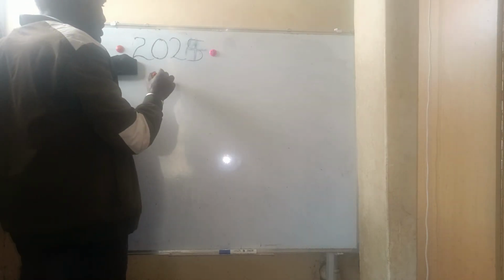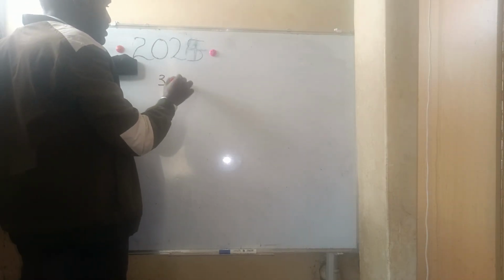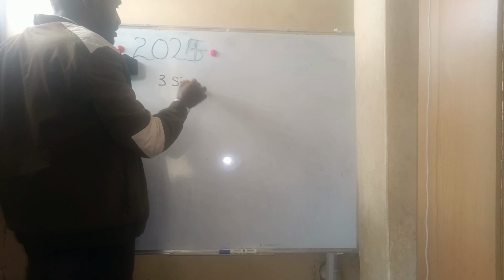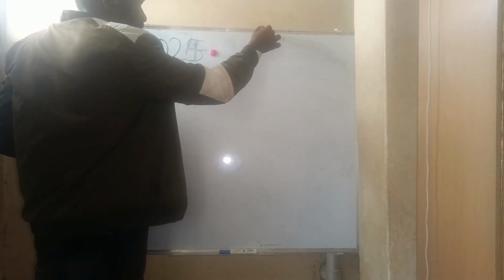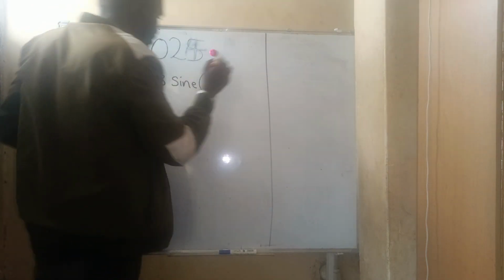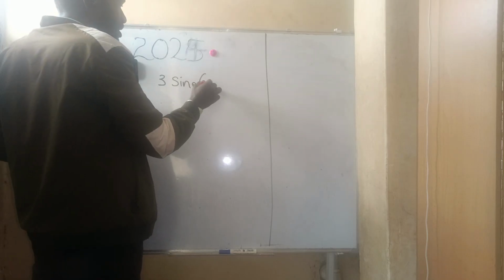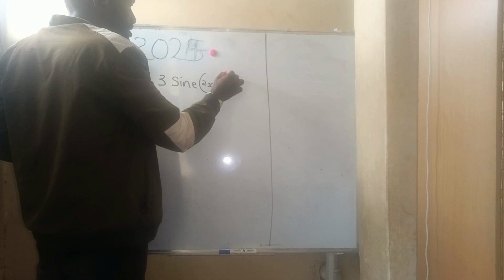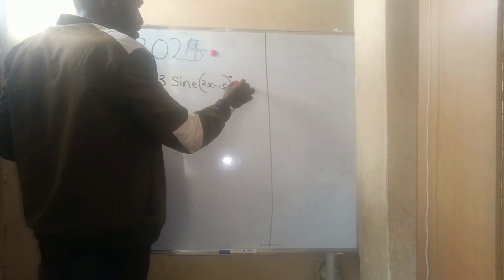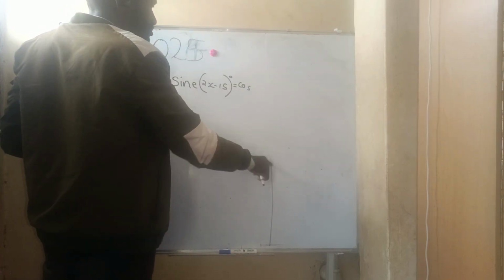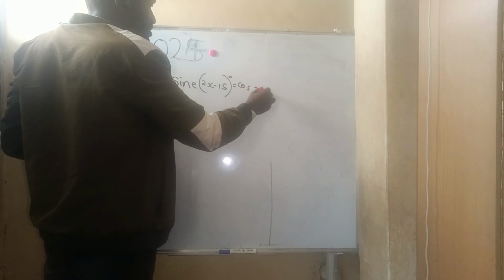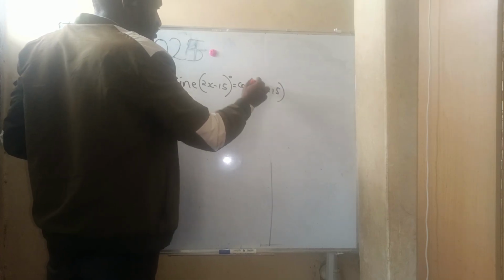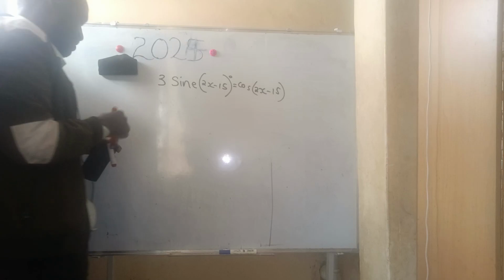And the question is 3 sine (2x minus 15) degrees must be equal to cos (2x minus 15). Very good.